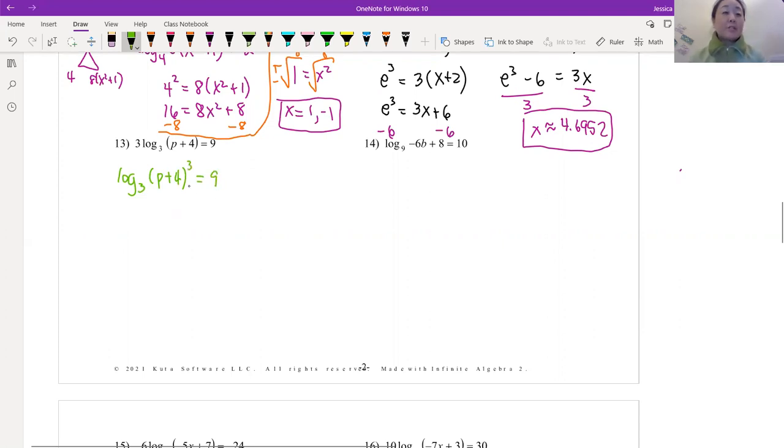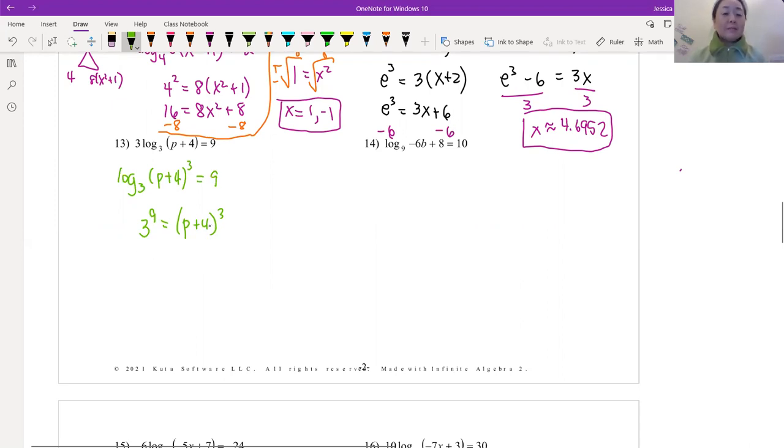And again, since we can't drop the logs because there's only logs on one side, we're going to write this as an exponential. So 3 to the 9th power is equal to p plus 4 cubed, right? And then from here, well, we could put that in the calculator.